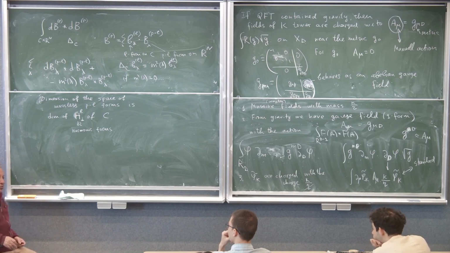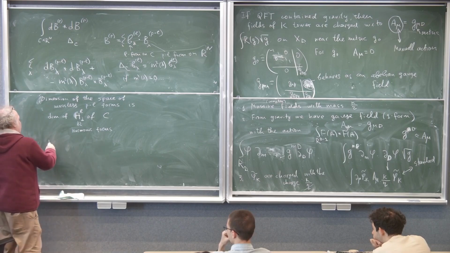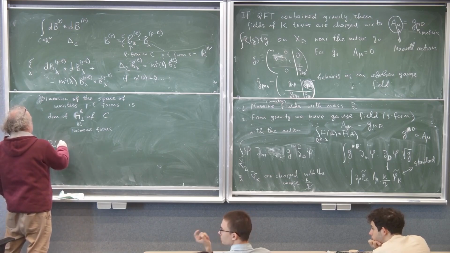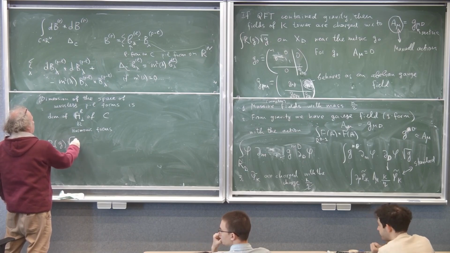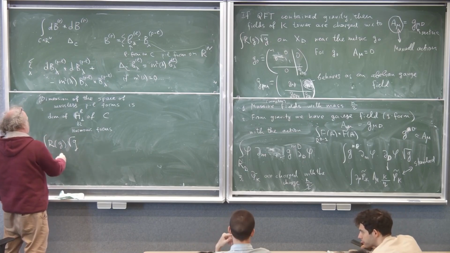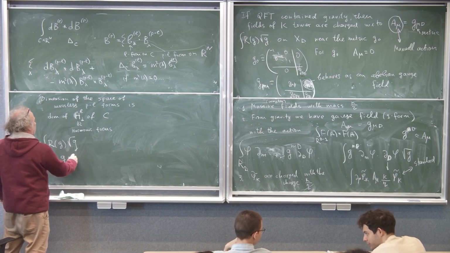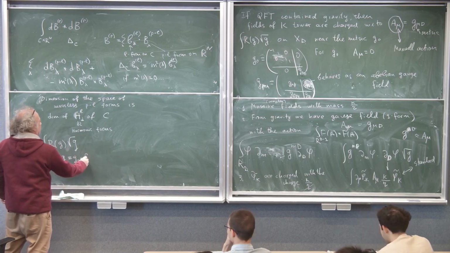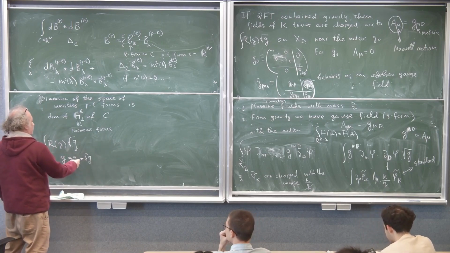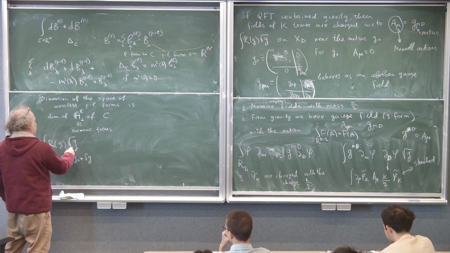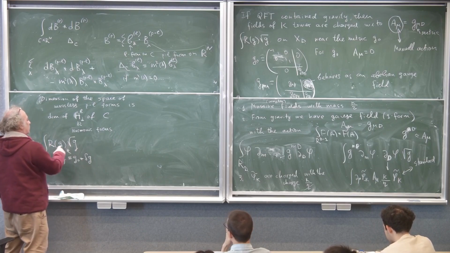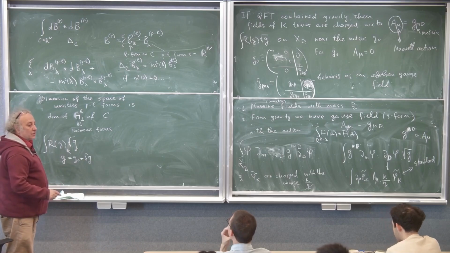Now, what about gravity? We say that G is G naught plus delta G. We plug it here, and we assume that G naught solves the Einstein equation.